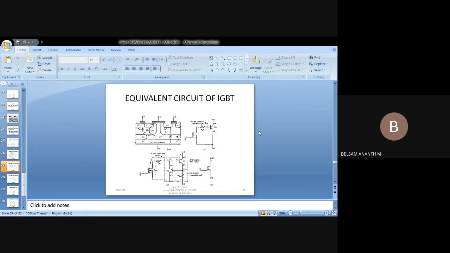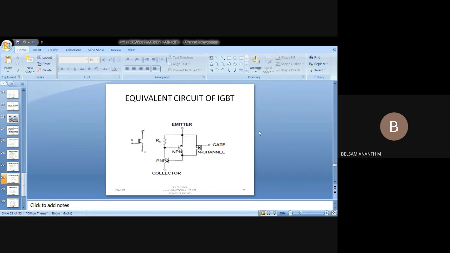Schematically, if you see this internal configuration, please remember that you may have a transistor configuration; in the next diagram you will come to know exactly. There are two sets of configuration on the transistor part as well as your BJT combination. That means the IGBT is a combination.